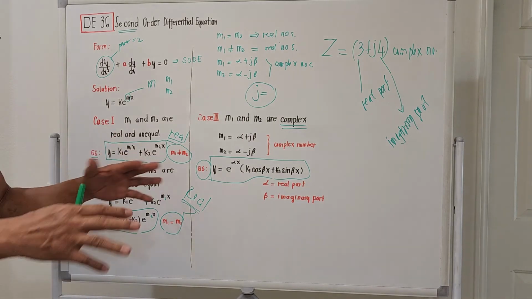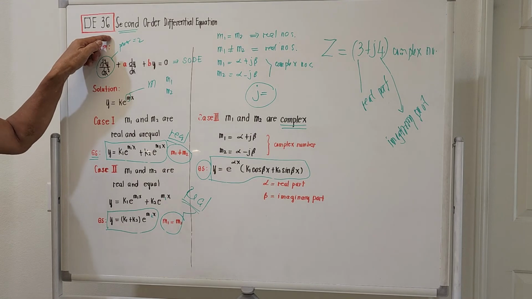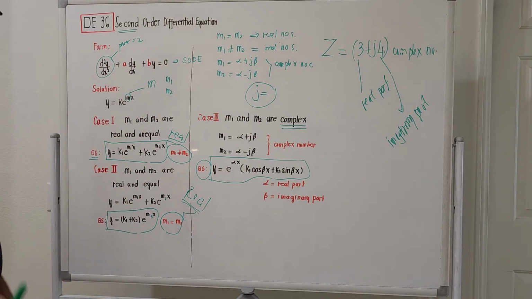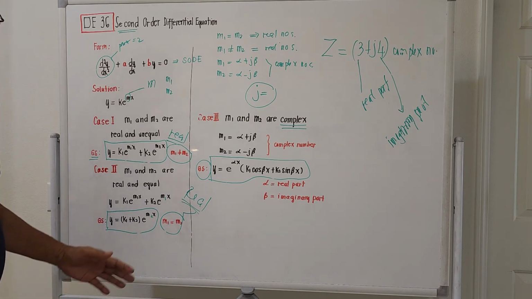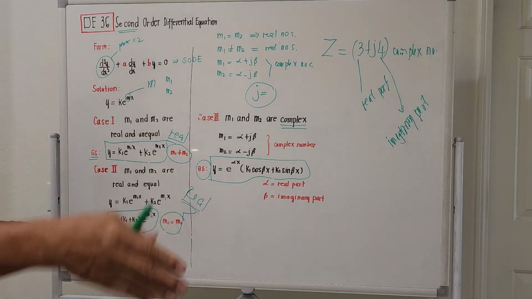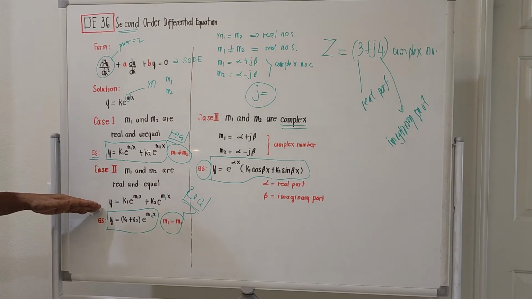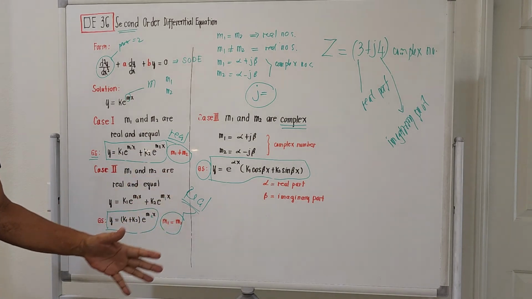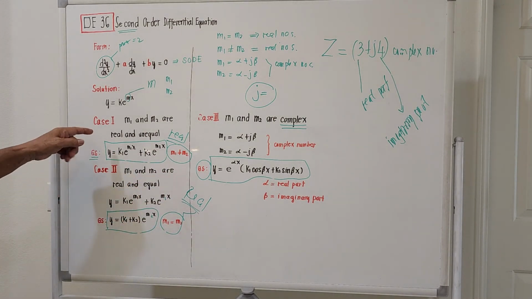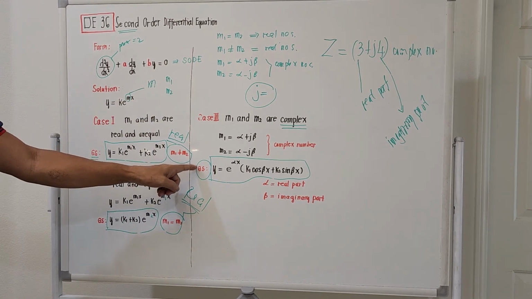So the next time around, I will be discussing DE37. DE37 will be problems involving second order differential equations. So we will be anticipating which case will come out. It could be case number 1, case number 2, or case number 3. It depends on the given differential equation. If it falls under case number 1, we are lucky. M1 is not equal to M2 and they are real.